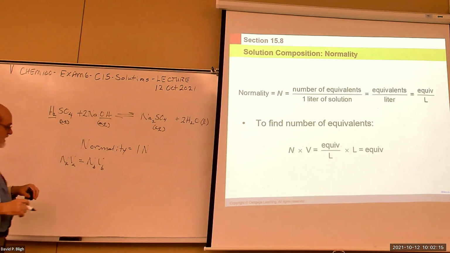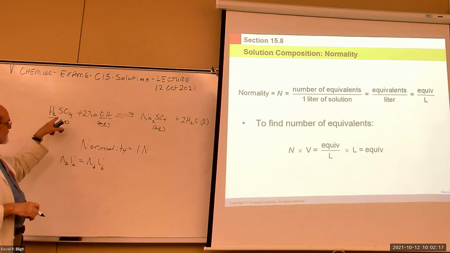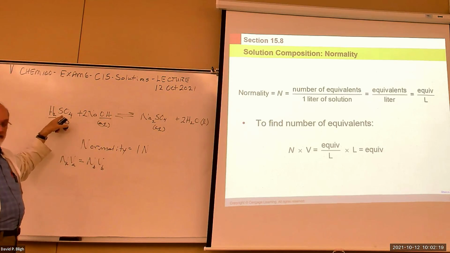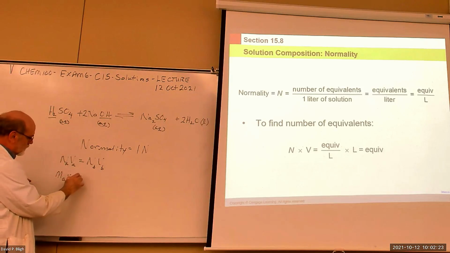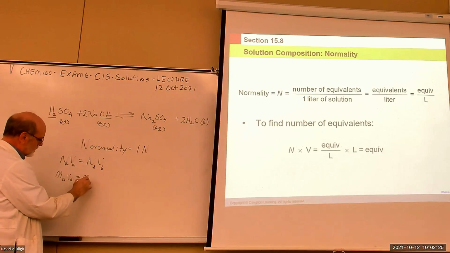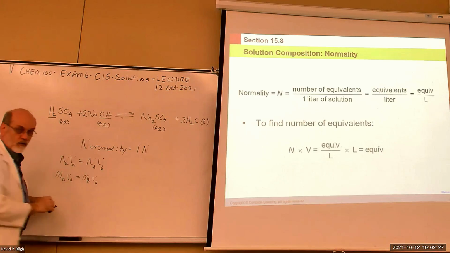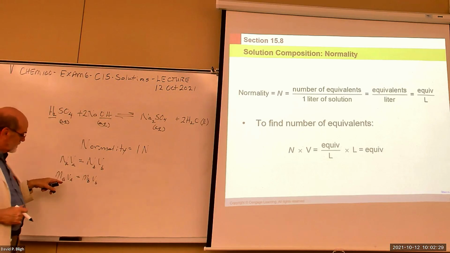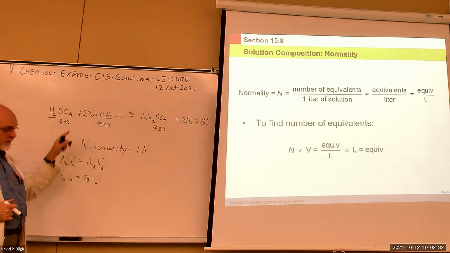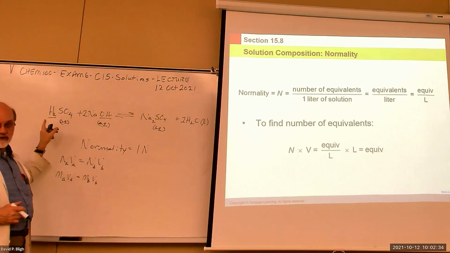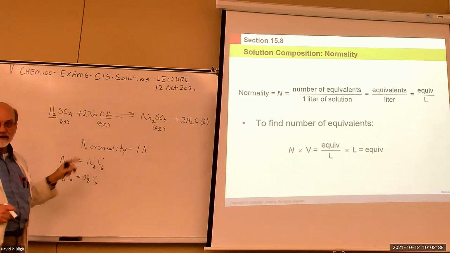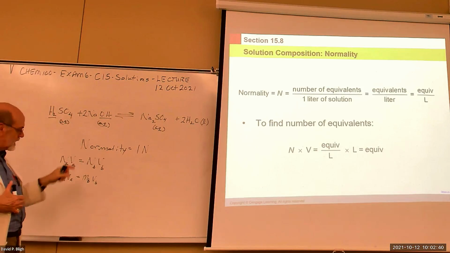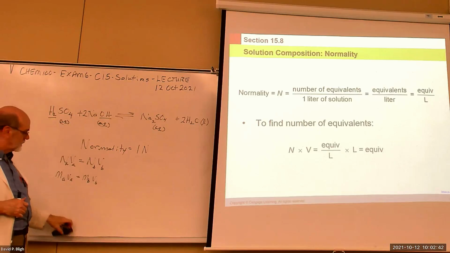Okay? If this were hydrochloric acid, then MAVA equals MBVB would be equally valid because they're 1 to 1. But when there are different numbers of protons than hydroxyls in the reaction, then normality is the equation that works.